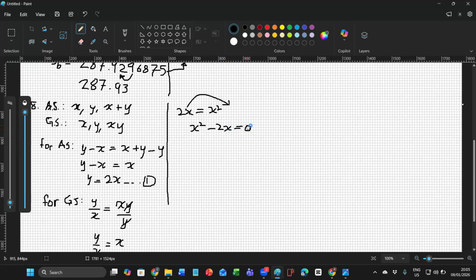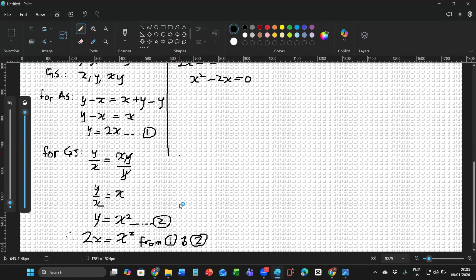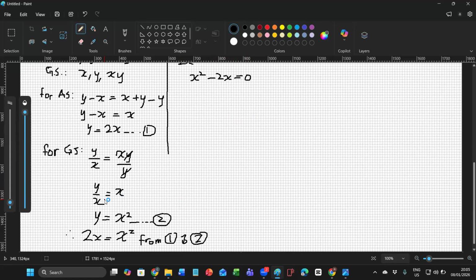Okay, so can you solve this quadratic equation? Wait, sorry. When you said y over x equals x, why is it y? How did it turn to x squared? Okay, maybe I should have left that over 1. When you have things like this, you can cross multiply.